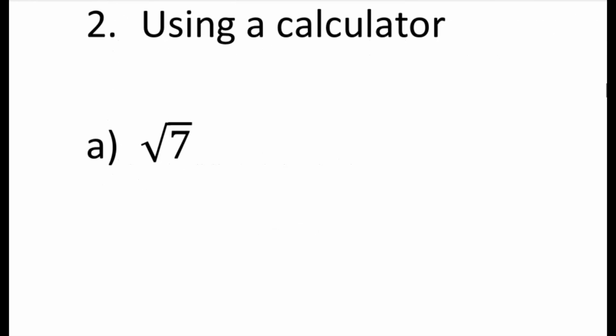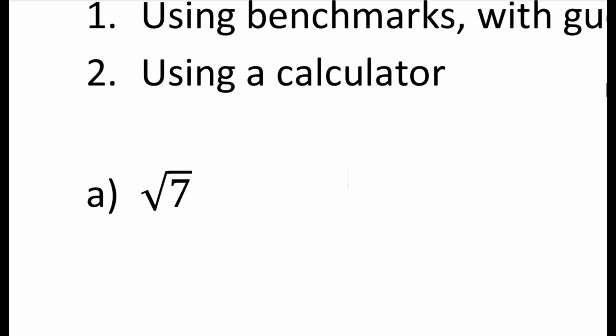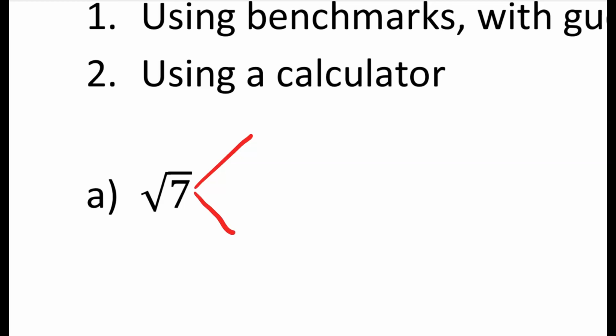If we take a look at this first one here, we have root 7. Going by the first part of using a benchmark and a guess and check, we want to look at the ones closest to root 7 that we know are a perfect square.